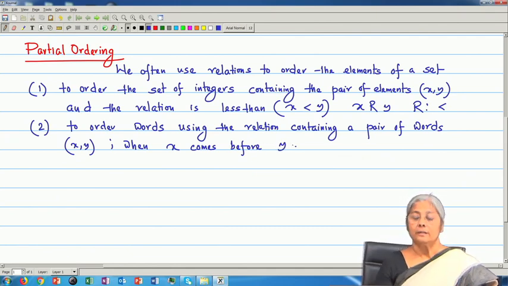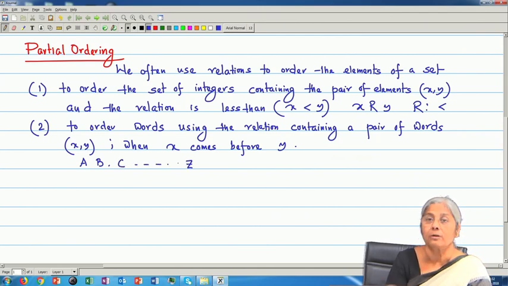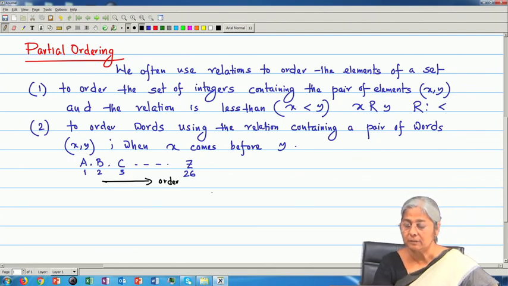If we consider our alphabet set A to Z in order, as if A is in position 1, B 2, C 3 and Z in 26, this ordering will govern which letter comes before y.